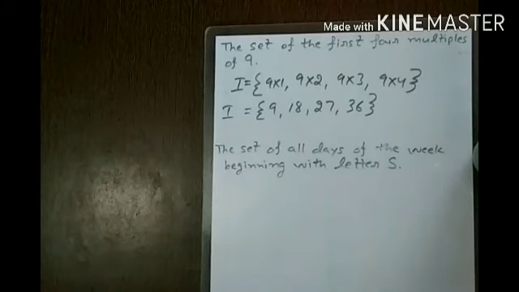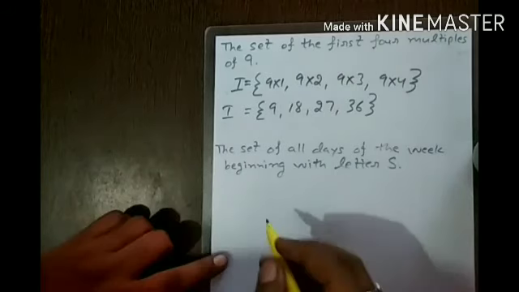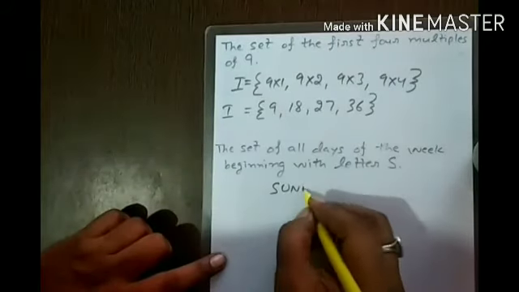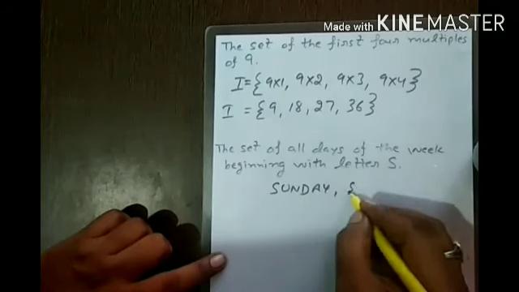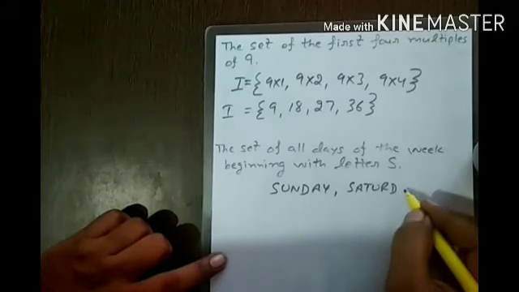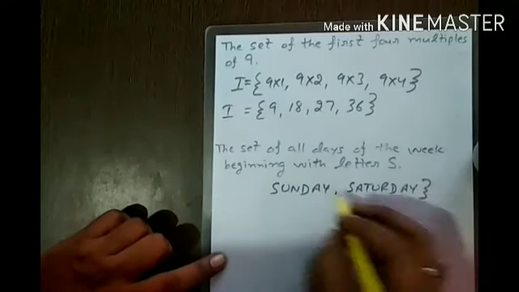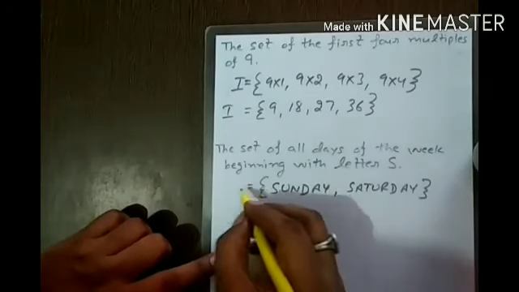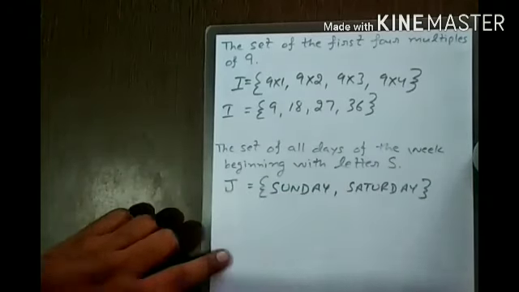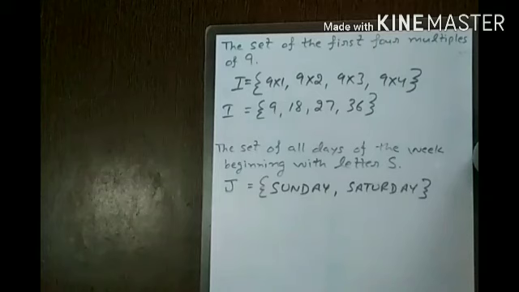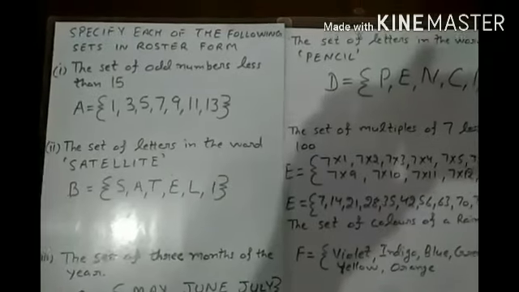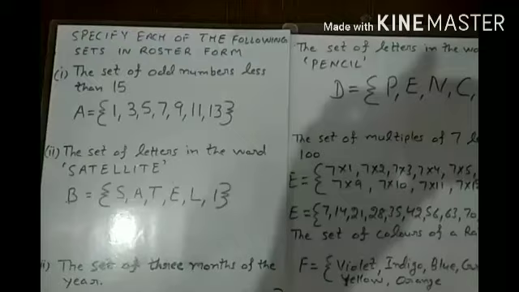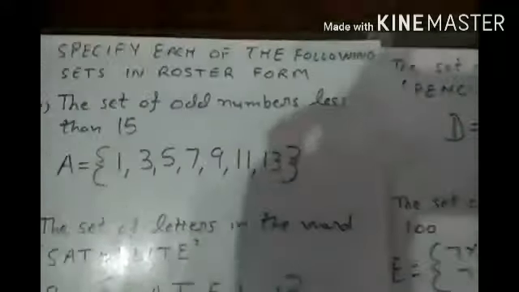So I will choose only those which begin with the letter S. I will name this set J, and in this way we have learned how to write the given statement in roster form. Now we go through all the questions from the start which we have solved in this video. So you can see.